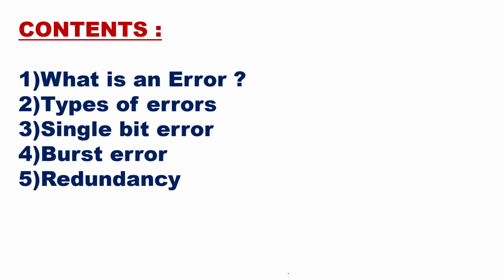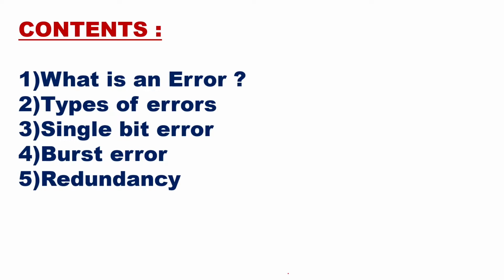Whatever signal you have sent from transmitter to receiver has not correctly come to the receiver. The data has not correctly come to the receiver. So there is some difference in the order of the bits. One can become 0, 0 can become 1, like that.